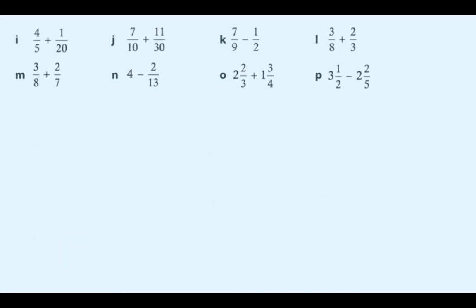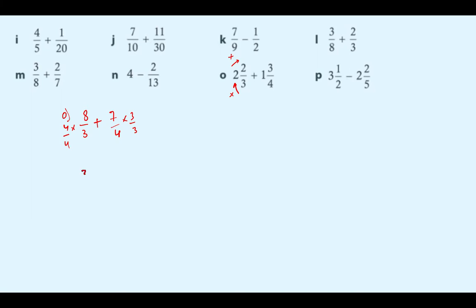Now part O. We will change this mixed fraction into an improper fraction. 3 times 2 is 6, and 6 plus 2 is 8. 8 over 3 plus, again 4 ones are 4, 4 plus 3 is 7 over 4. And now we will multiply this by 4 over 4 and this by 3 over 3.